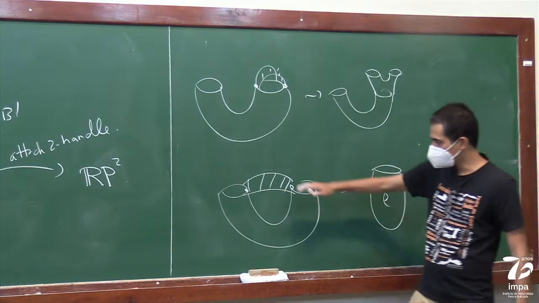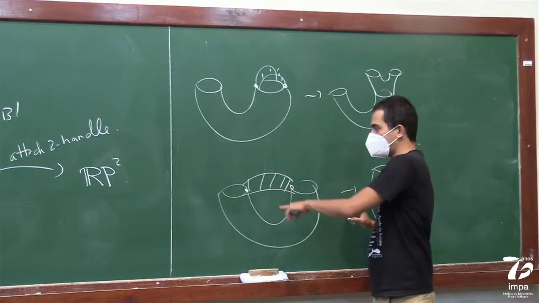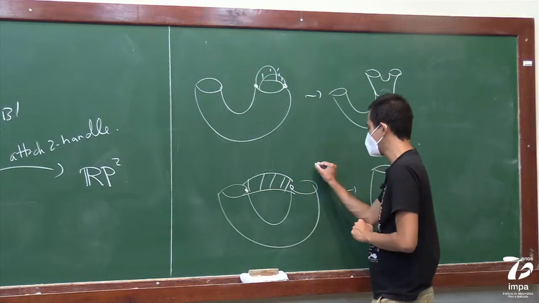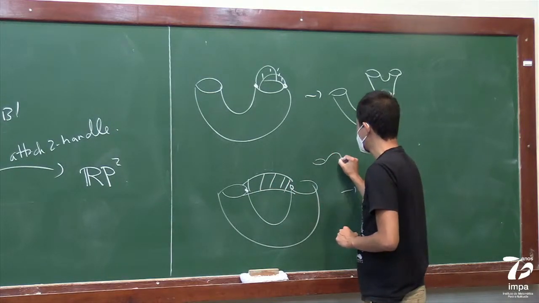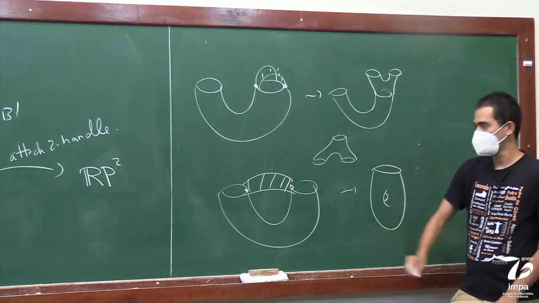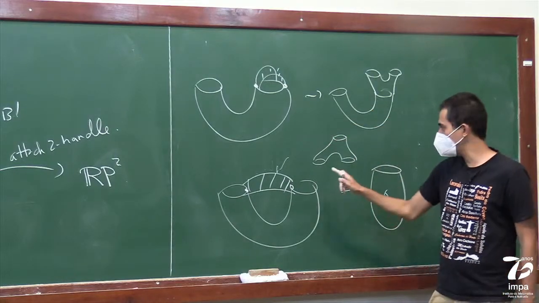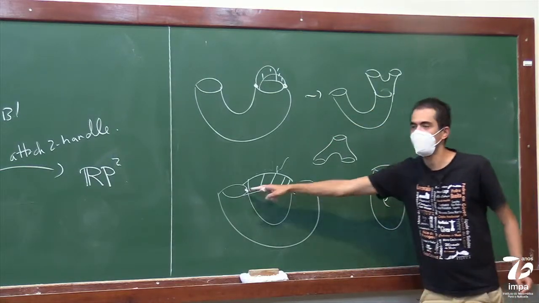So this procedure, attaching a one handle like that, connecting two different connected components, is the same as what's called the pair of pants. Adding the one handle like that is the same as gluing this object to this cylinder.